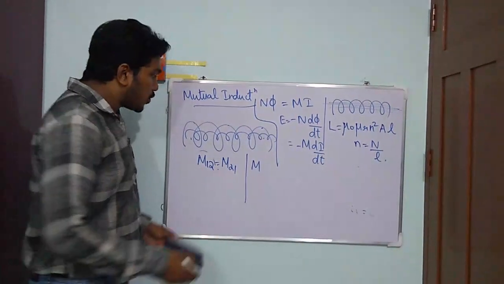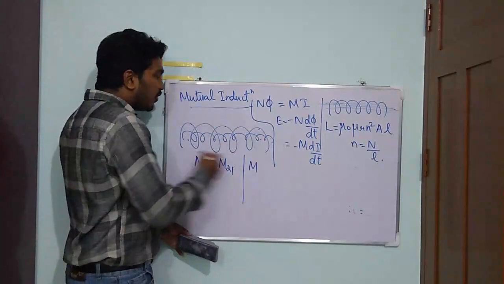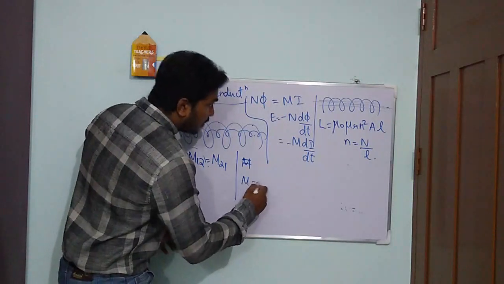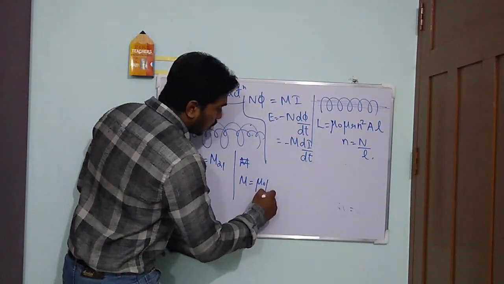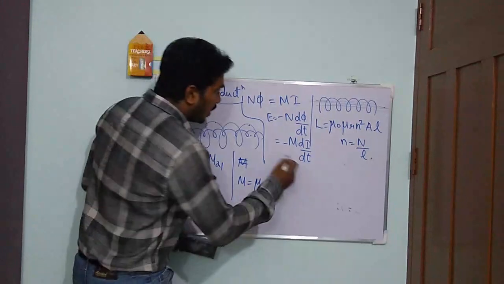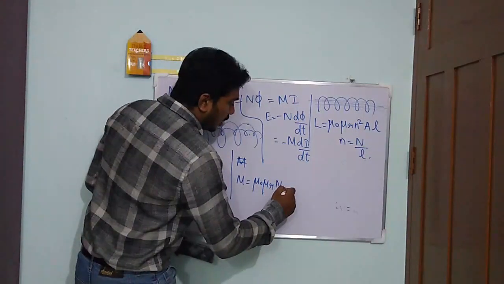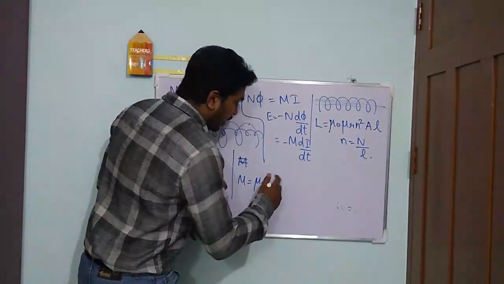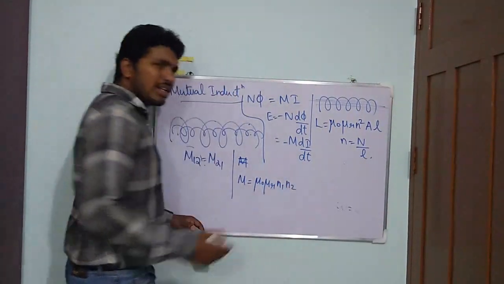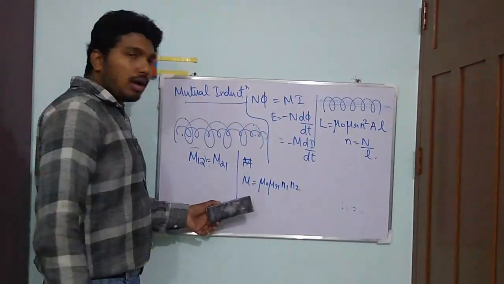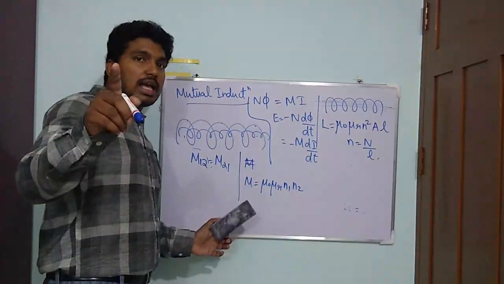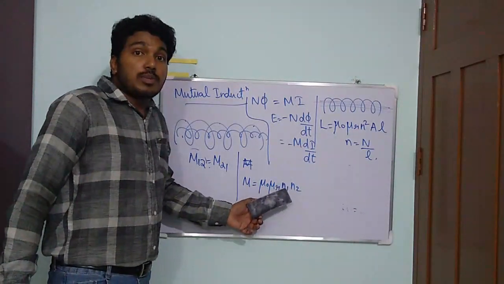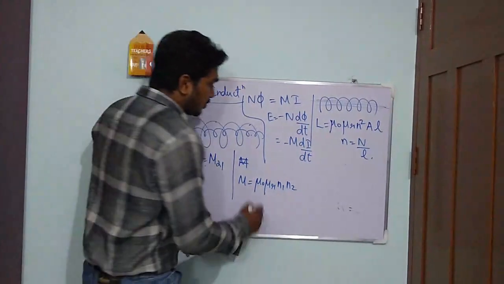In case of this kind of arrangement of coaxial solenoids, we can write M equals mu 0 mu r into n1 n2. What is n1? n1 is the number of turns per unit length for the first coil, and n2 is the number of turns per unit length for the second coil, right?